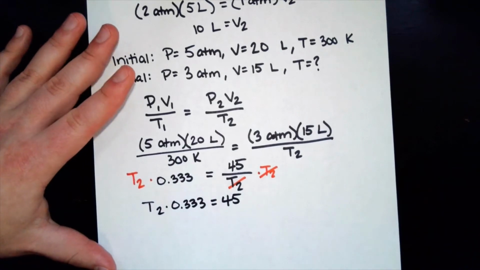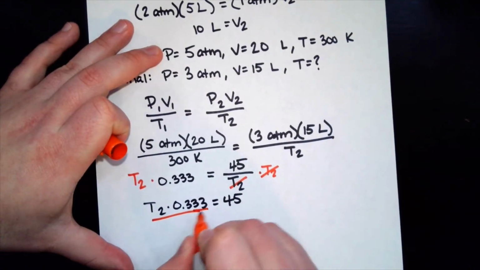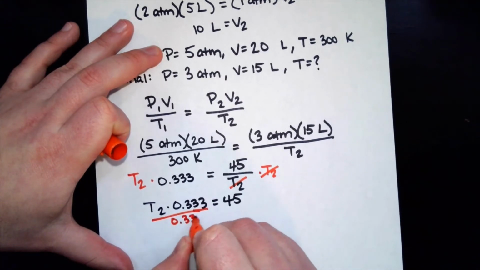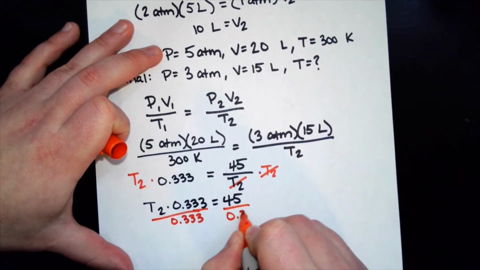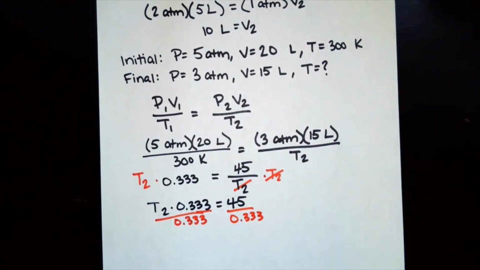So now, just divide both sides by 0.33. And we get 135. Right?